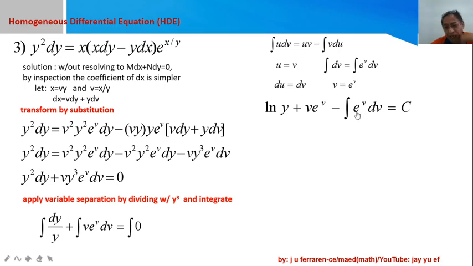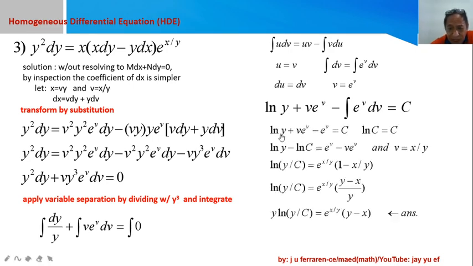This already follows the formula exponential u du. So this is the complete integration process: ln y plus v exponential v minus exponential v equal to C.